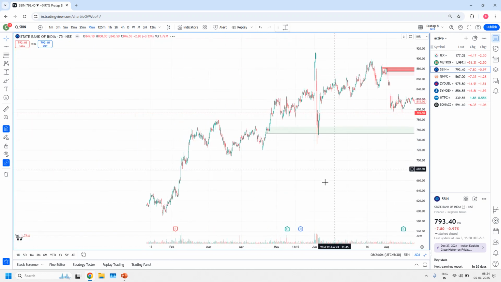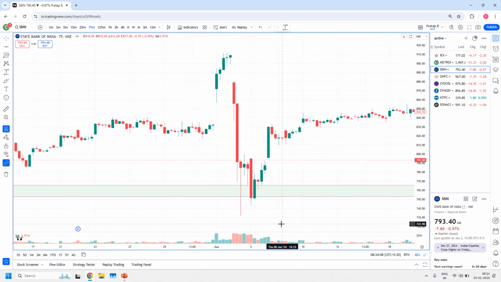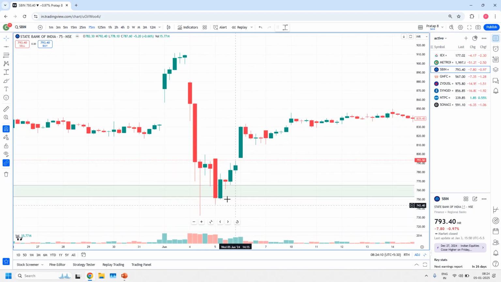See, when prices are moving up from here, what have institutions done? They have created a rally-based rally here.